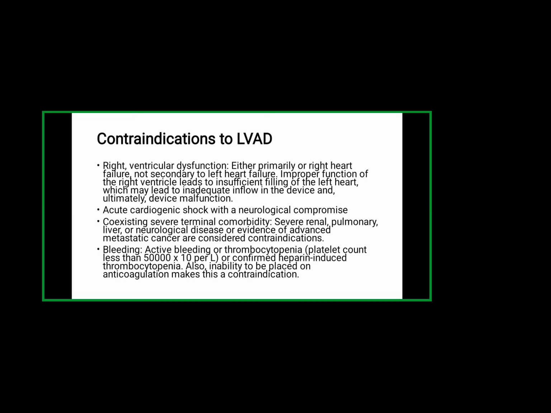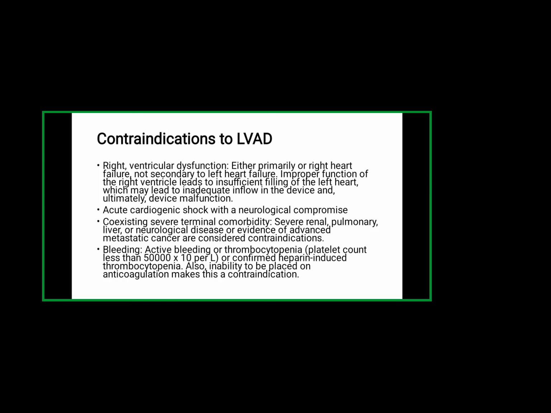If there's acute cardiogenic shock with neurologic compromise, for example a watershed stroke, you don't want to put an LVAD, because even after I put the LVAD, the person will likely still not recover. Severe comorbidity, such as severe renal disease, CKD, interstitial lung disease, stroke, or advanced metastatic cancer that is not treatable, are all contraindications.